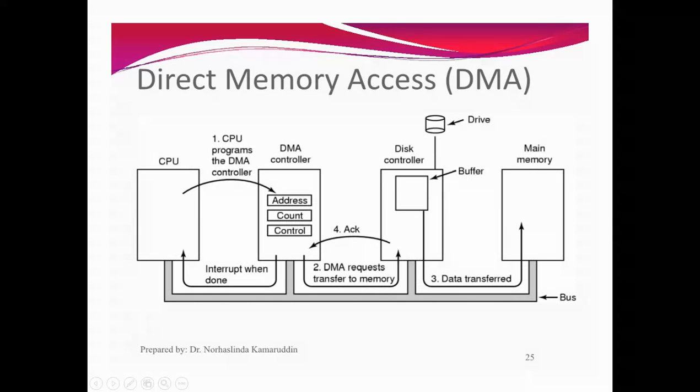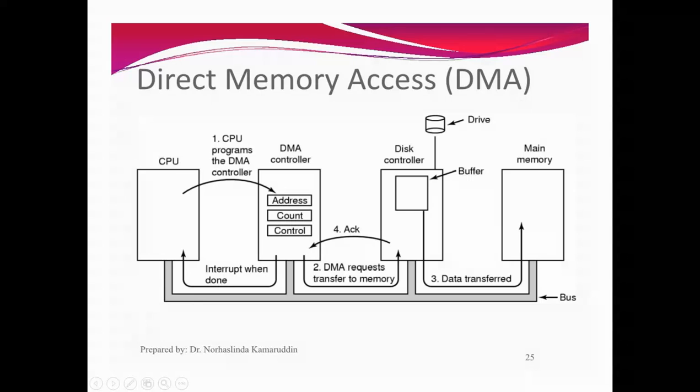Alright, so let's say the CPU executes programs and the programs require some input output. The devices have their own DMA. Therefore, the CPU will send the interrupt to the DMA controller, send the address, and then the DMA controller will request.